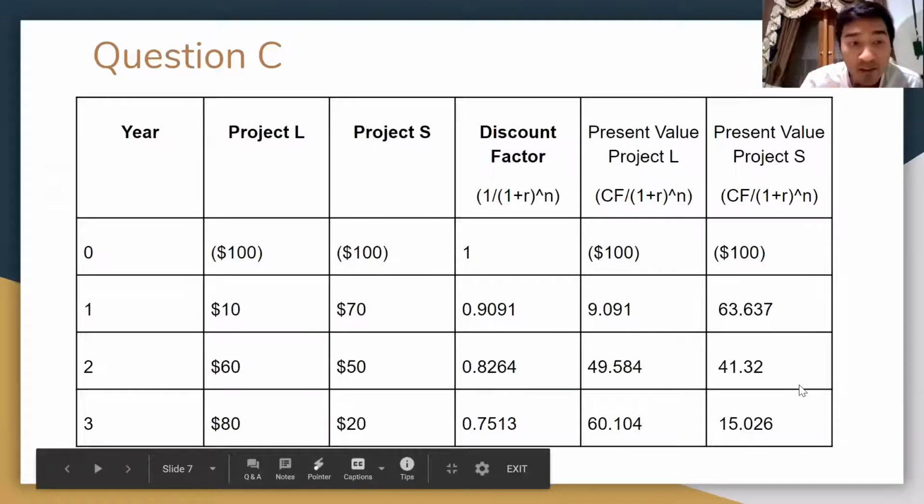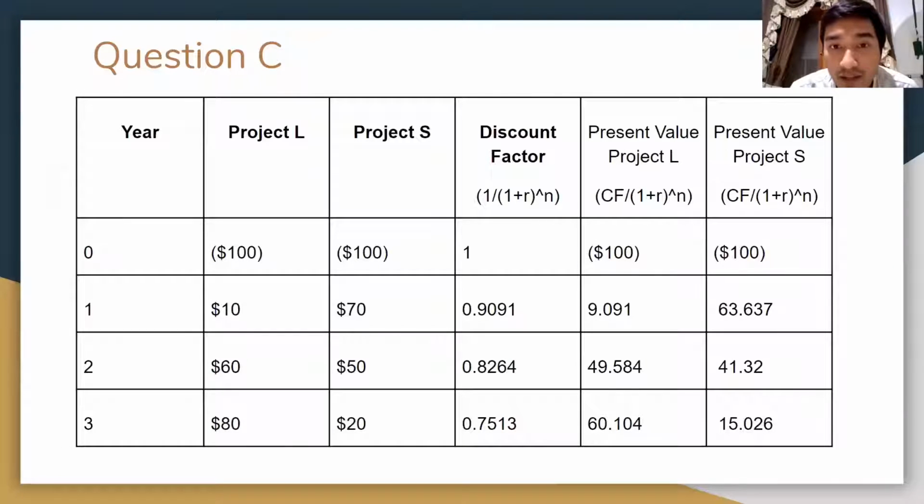In this case, they are 3 years and two projects, L and S. To calculate net present value, we must calculate the present value for project L and project S first.